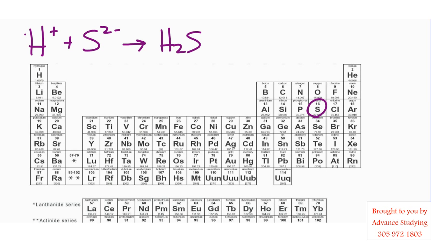Since I have hydrogen in the compound, it is an acid because it breaks down and dissociates, giving up hydrogen. So we name this acid hydro, because it is a binary acid made of only two elements, hydrosulfuric.